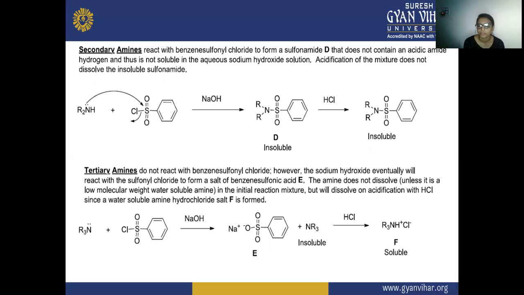So the amine, in the initial step, does not react and is not soluble, but after that, it is soluble on acidification with the HCl, and there is a formation of a water soluble amine hydrochloride salt.